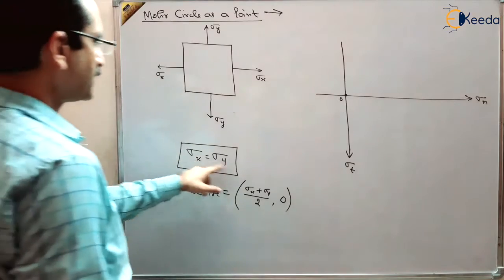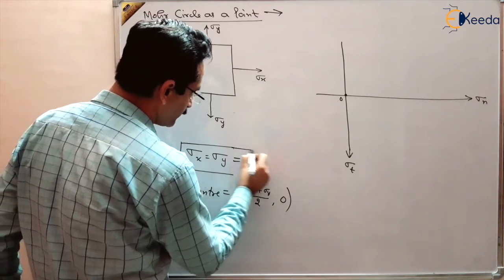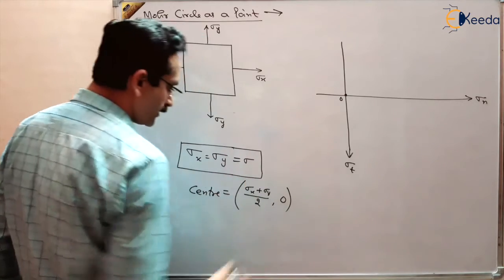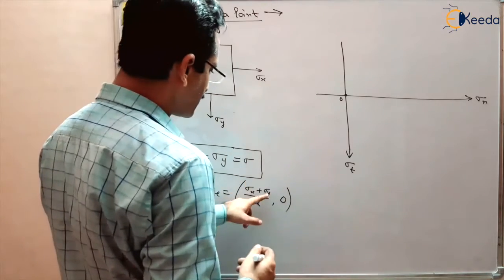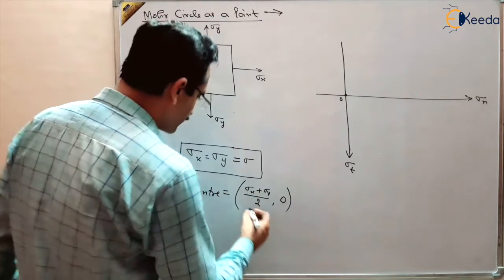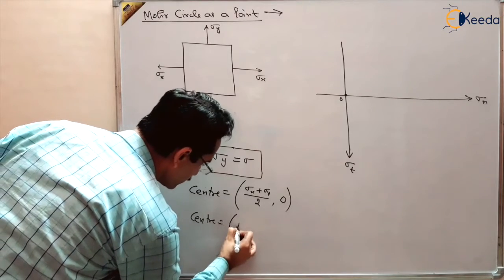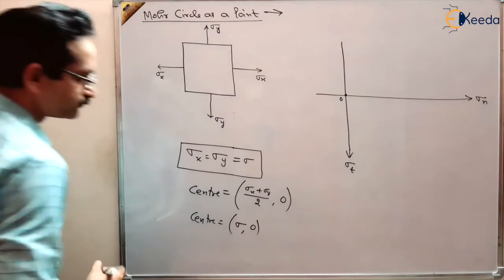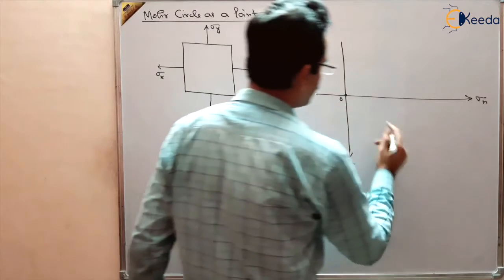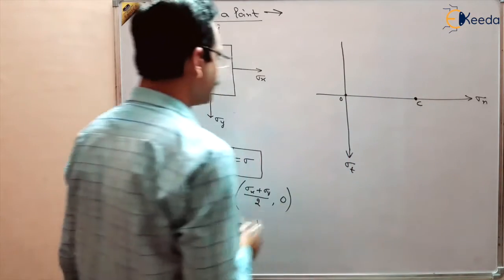Here sigma x and sigma y are equal, so let us say this is sigma. So you will get 2 sigma by 2, which is only sigma. So the center will become sigma and 0. This is our center, sigma and 0, point C.